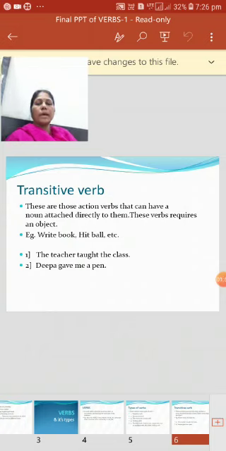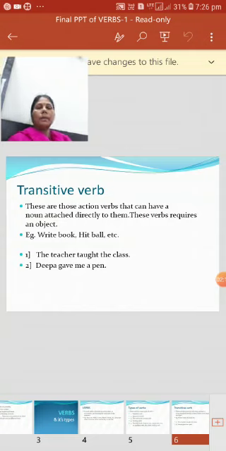These verbs require an object. For example, write book. Write is an action verb, and book is a noun. See, the noun is directly attached to the verb. Hit ball. Hit is an action verb, and ball is an object, we can say.